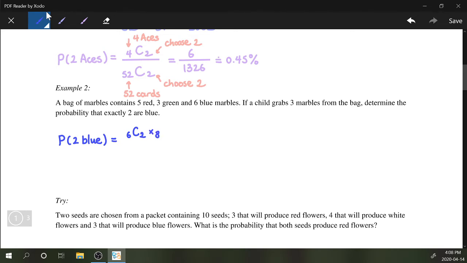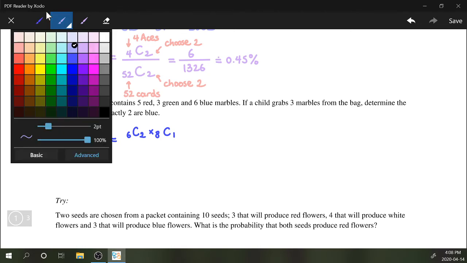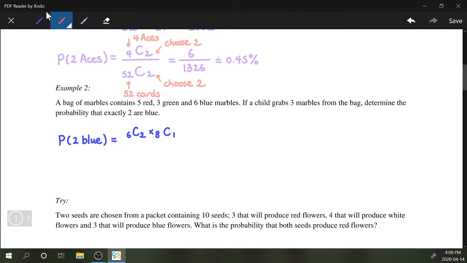So that will be 8, choose 1. So that will complete our 3 marbles that the child will grab from the bag. 2 of them are blue and 1 of them that is not blue. So this is 2 blue and then 1 not blue.